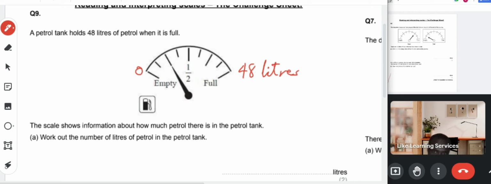What's half of 48? Did you say half? I'm saying what is half of 48? Check it now. Half of 48 means half times 48, or 48 divided by 2. 24. Okay. So you've been able to figure out that here is 24. This place is 24 liters.